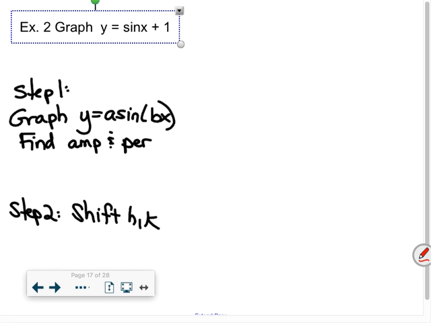So, if I'm on step 1, I'm going to graph y equals sine x. There's no A, there's no B indicated, so they're 1s. So my amplitude is 1, and my period length is 360 over 1, which is 360.